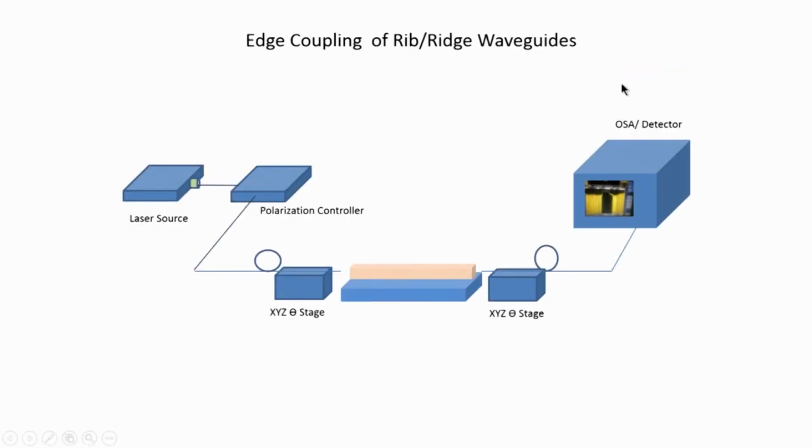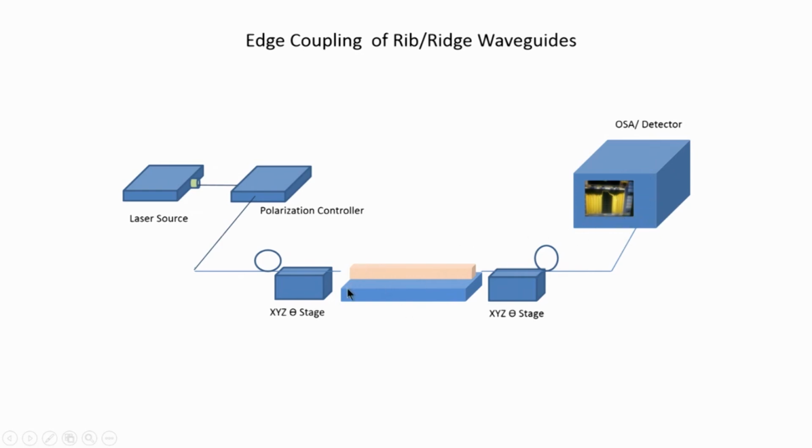The most common techniques involved in measurement of integrated optical devices in a laboratory consist of using a laser source, sometimes a tunable laser source depending on the properties that you would like to measure, and devices for polarization control, and XY stages to position the input beam with respect to the photonic integrated circuit, and then finally a detecting system like a spectrum analyzer or a photodetector to measure.